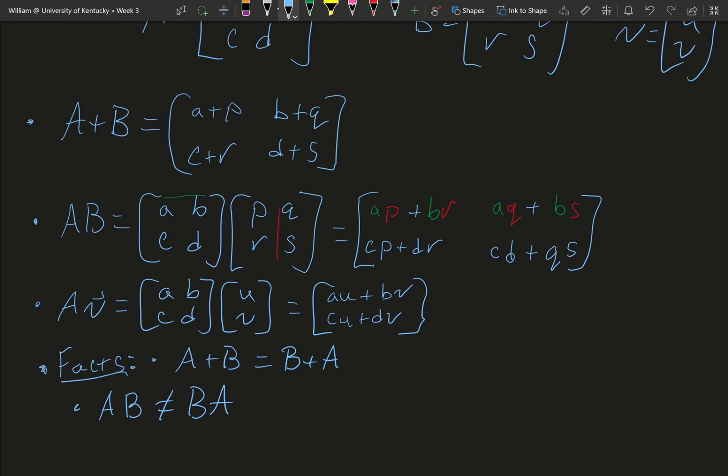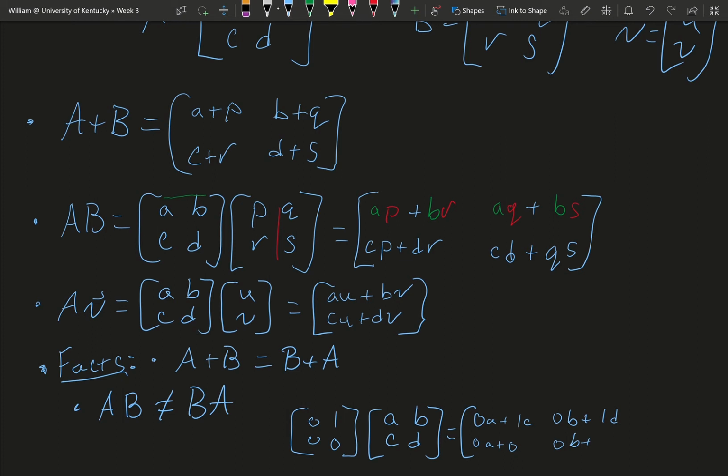So as an example, if I do 0, 1, 0, 0 times A, B, C, D, then I get here 0A plus 1C, 0B plus 1D, and then here 0A plus 0C, 0B plus 0D.